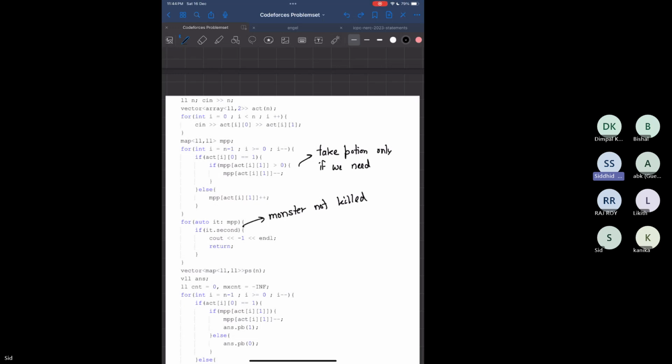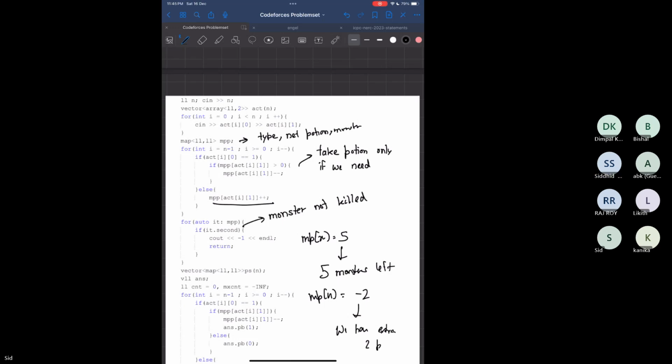So at any point of time for a specific type, this gives me the type comma net potions we need. Suppose MPP of x equal to 5. What this means is there are 5 monsters left to kill. Suppose MPP of x is equal to -2. This means we have 2 extra potions.